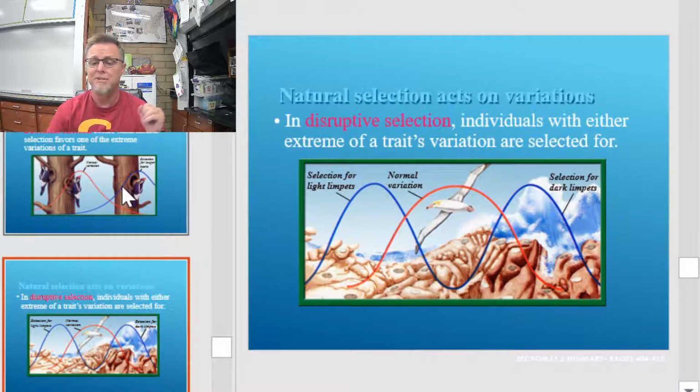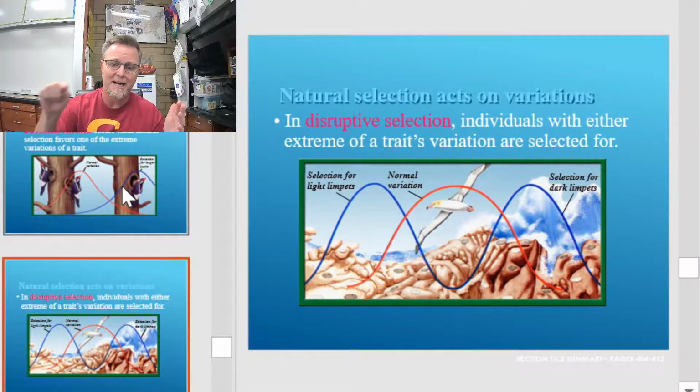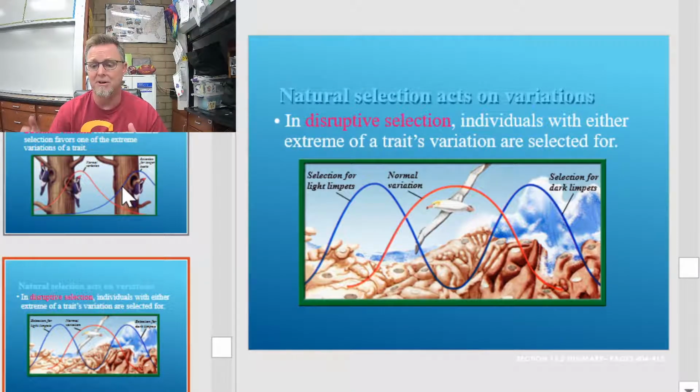Okay. So yeah, if you look at the rocks, on one end they are very light in color. On the other end, they're very dark in color, which basically means the limpets need to match that color to avoid being eaten by that big white bird that's flying overhead. If you're dark on the dark rocks, you got good camouflage. If you're light, white colored or even kind of medium color on the dark rocks, the bird's going to eat you.